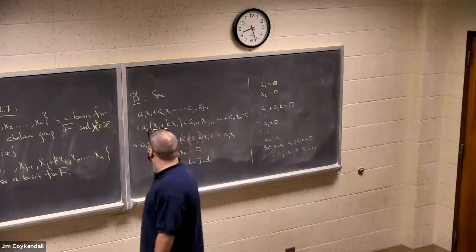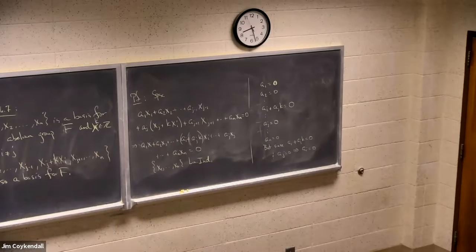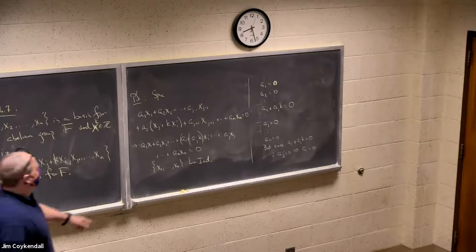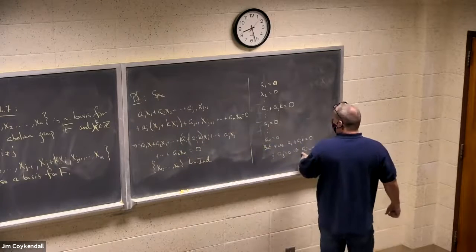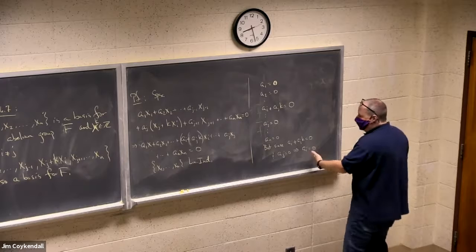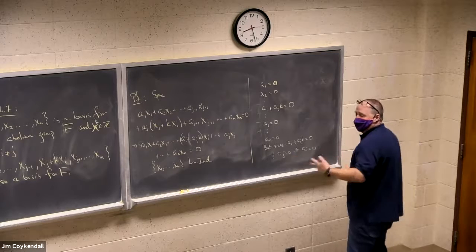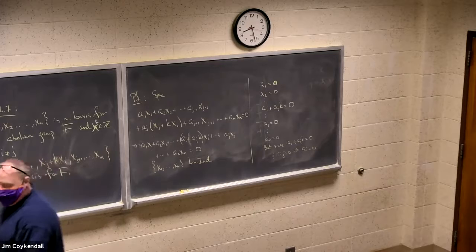And so this new set is linearly independent, because we started with these coefficients A1, A2, all the A's, and we've got that all A's are 0 except maybe Ai, but this gives me that Ai is also 0. Okay with that?